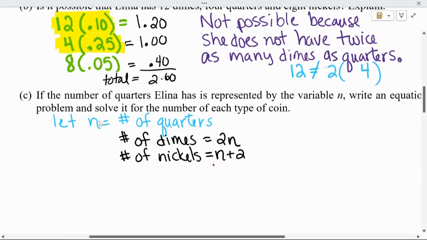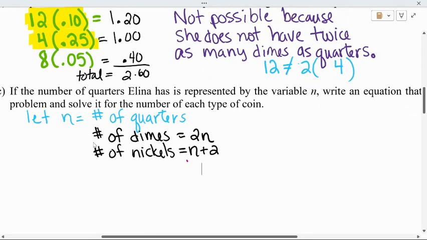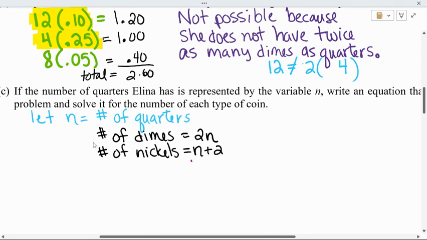All right. So now we have to write an equation to solve for the number of each type of coin. Let's start with the number of quarters. How much is a quarter worth? 25 cents, times n, plus, how much is a dime worth? 10 cents. And what expression represents the dimes? 2n.